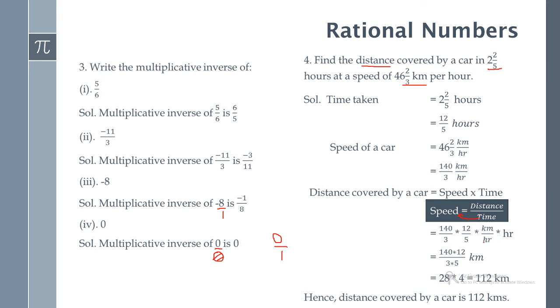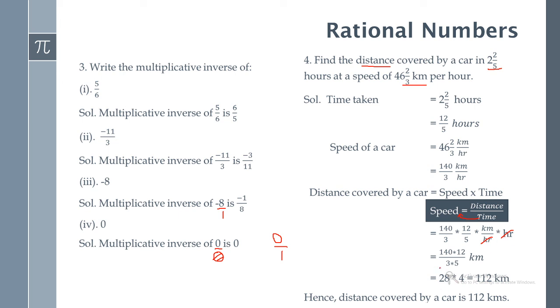I have written the unit values here separately, because you are getting kilometers here first, that's the reason. Now 140 into 12 by 3 into 5, and hours get cancelled. It's a multiplication method now, so similar values will be cancelled in the standard form.